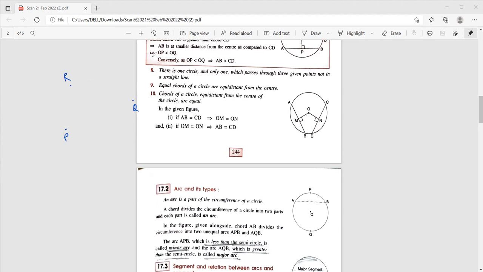Now remember, students, that through these 3 points, you can have one and only one circle. I have 3 points here, P, Q, and R. Now these 3 points are not collinear, they are not on one line.